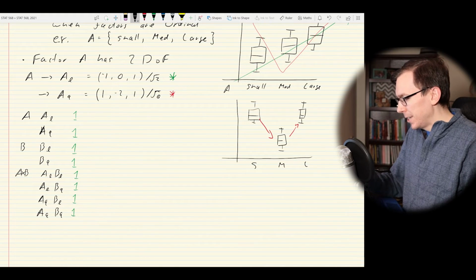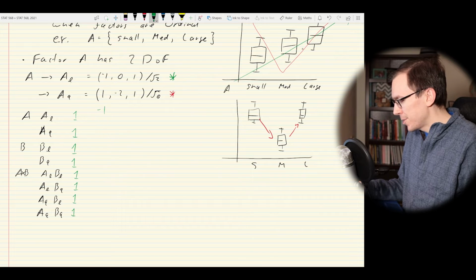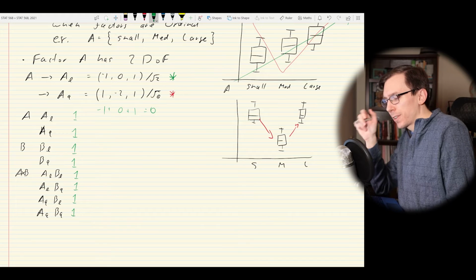to each other. You can see that, at least for A linear and A quadratic here, by doing a dot product of these two. If I do a dot product of these two, I would get a -1, a 0, and a 1, and then I get some denominator, which doesn't matter because when I add these up, I get 0. So those two things are orthogonal.